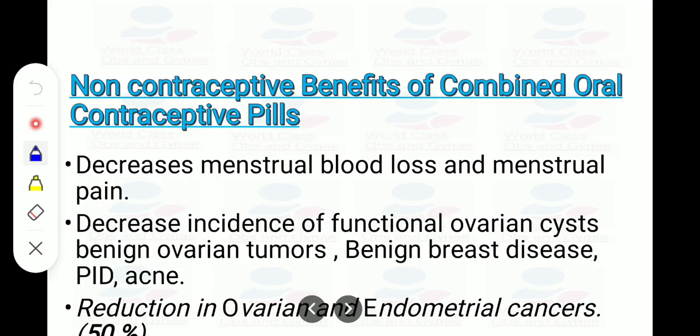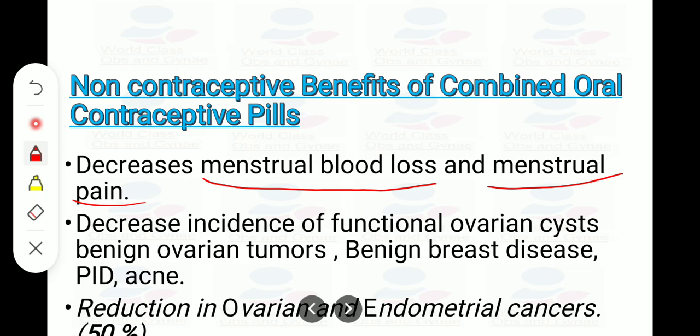Now, COCPs are not only used for contraception, but there are certain non-contraceptive benefits of COCPs as well. This question is also asked in vivas, and all of us should know this. It decreases menstrual blood loss and menstrual pain.